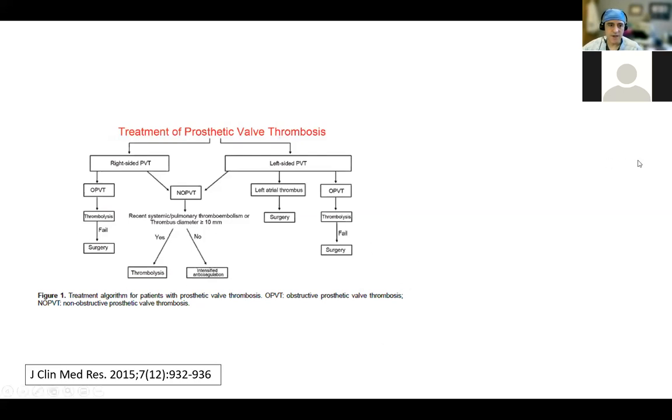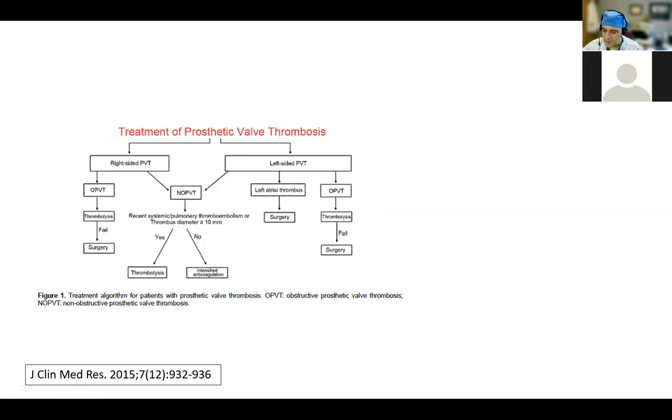But what's important here is obviously separating right-sided prosthetic valve thrombosis versus left, and if you have left, whether it's obstructive or non-obstructive. In this setting, I felt that it was more on the obstructive side. Having said that, if you look carefully at all of the transthoracic studies, there was variability in terms of the aortic insufficiency, so it might at times have been more open than closed. So clearly in an obstructive setting, consideration should be made for thrombolytics as a first therapy.